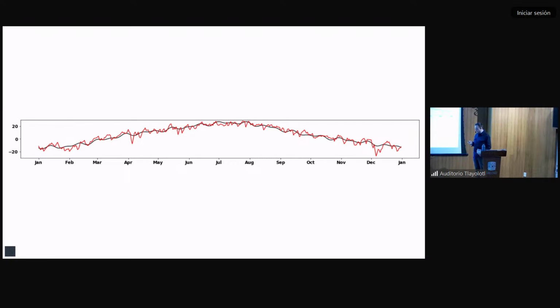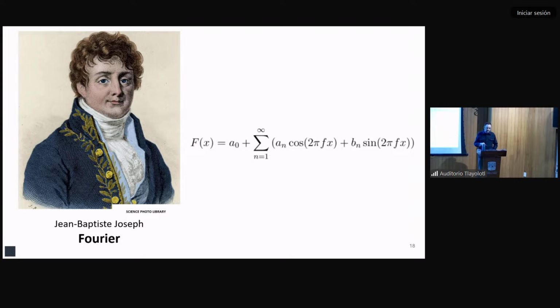Actually, this is the principle that was discovered by Joseph Fourier. He showed that any continuous function can be decomposed into sine waves, as a linear combination of sine waves.